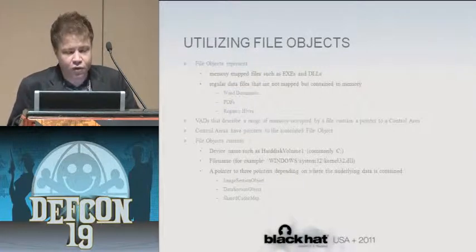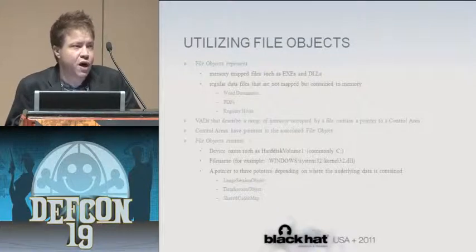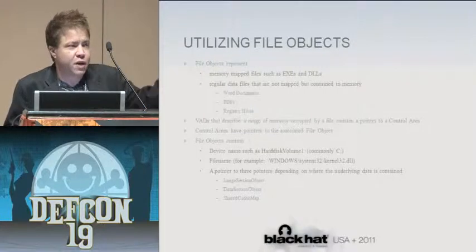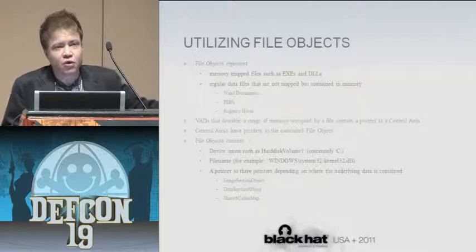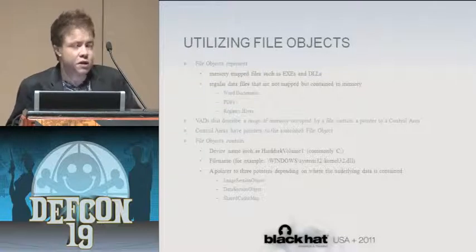And if you're very familiar with WinDbg, you'll be used to these structures that we're talking about. The control area would have a pointer back to the file object. So we're finding VADs in memory because we found the EPROCESS block. Once we find the VAD, we're trying to parse it to see its control area. Once we get to the control area, we're parsing it to find its file object.